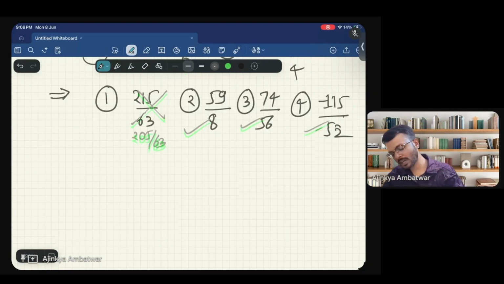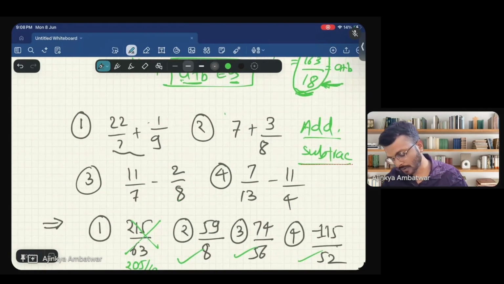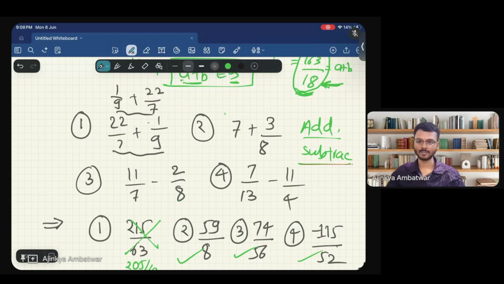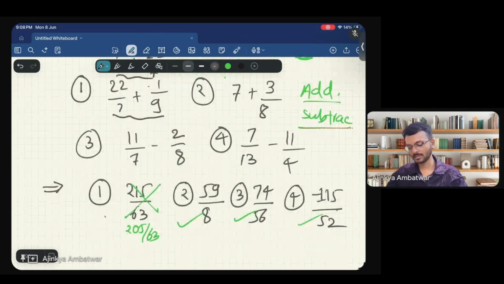In the same way, if I had given this problem number one, let's say 22 by 7, if I had flipped it, will the answer change? If I had flipped the first and second numbers of problem number one, will the answer change or will it still remain this?